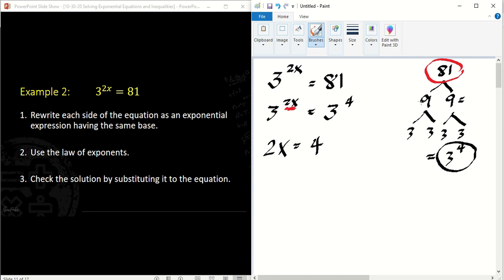So, i-factor sa 81, 9 and 9 yung unang naisip ko na number na equivalent to 81. Pero hindi pa pwede kasi hindi pa 3. Ang hinahanap natin ay 3. So, factor yung 9, 3 and 3. So, kaya nagkaroon tayo ng 3 to the 4th power. Saan ang galing yung 4th power, sir? Meron kang 4 na 3. Diba? Pag minultiply mo yung 4 na 3, ang sagot, 81.